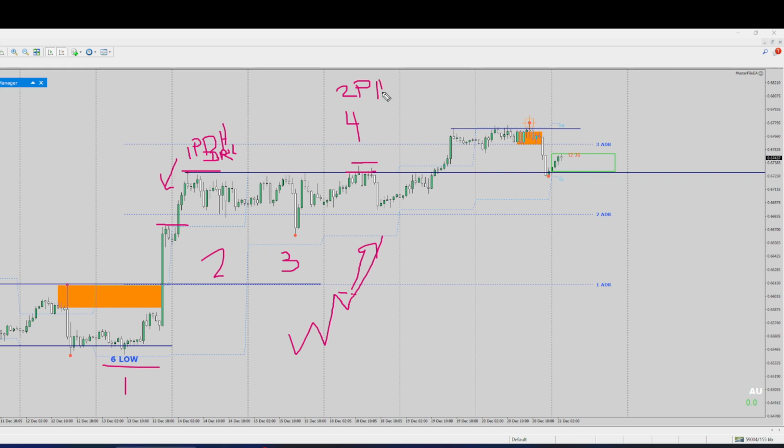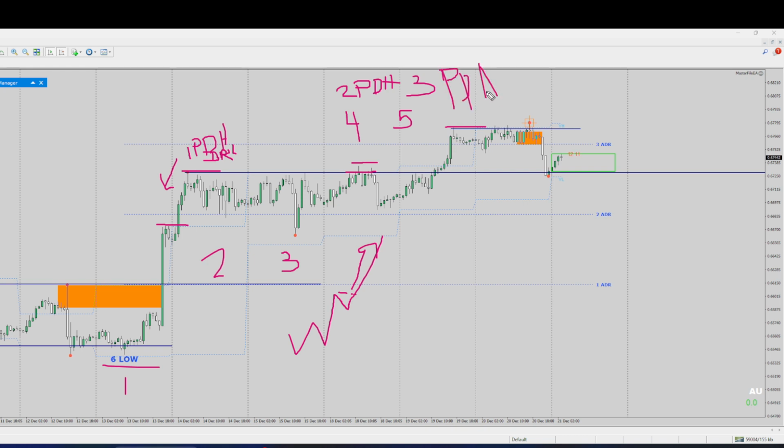Previous day high. Okay. So now I'm looking for the third one. And then here we finally got it on day 5. Okay, we have 3 previous day highs.